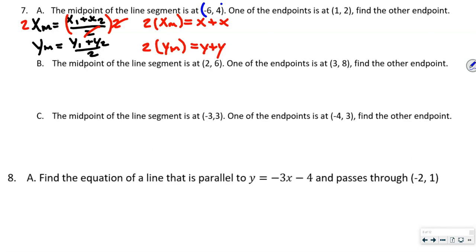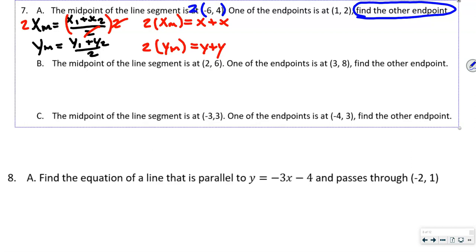So you've got to read this, guys, because it says the midpoint of the line segment is -6 comma 4. One of the endpoints is 1, 2. Find the other endpoint. This is not asking us to find the midpoint this time. It's asking us to find the other endpoint. So what we can do with this value right here, our midpoints, is multiply them by 2. Isn't that what we said right here?